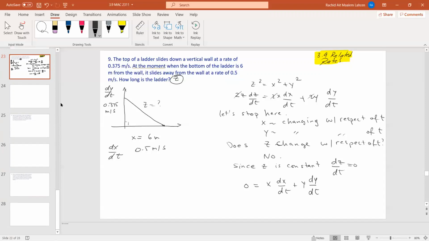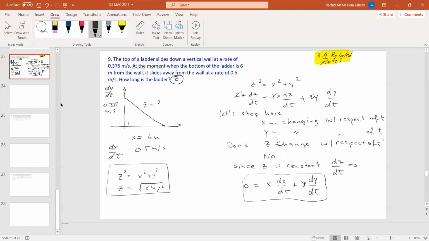And of course, the question here will be, where is z? We don't have z. If we don't have z, we can't find it. Well, it doesn't matter, because z is connected with x and y. Z squared equals x squared plus y squared. So z is the square root of x squared plus y squared. So if we find the x and y, we can find the other.